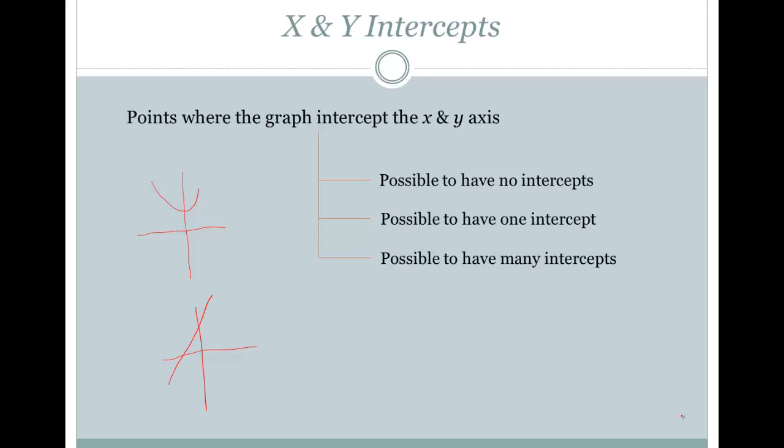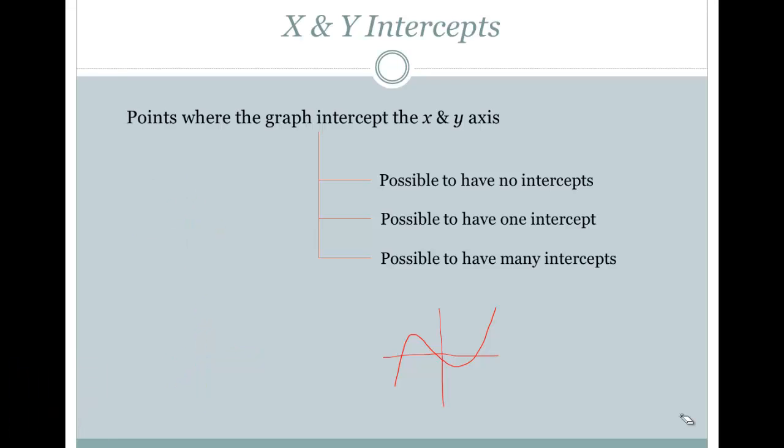Or I could actually have something that has many intercepts. I could do something like this. So there are three different options that we can have in terms of intercepts. Let me get rid of those.